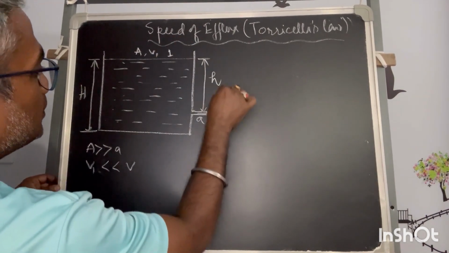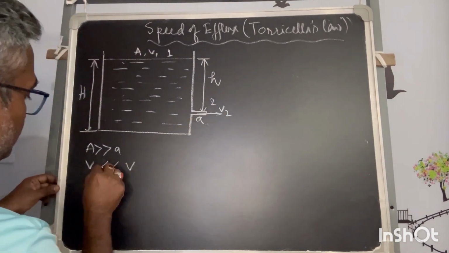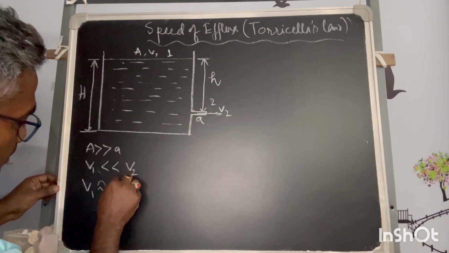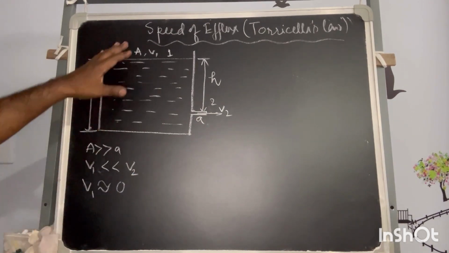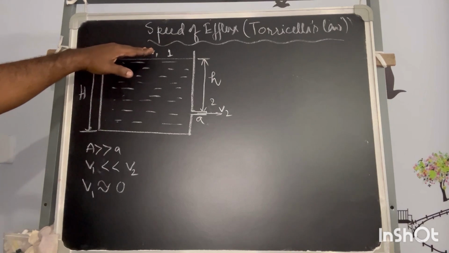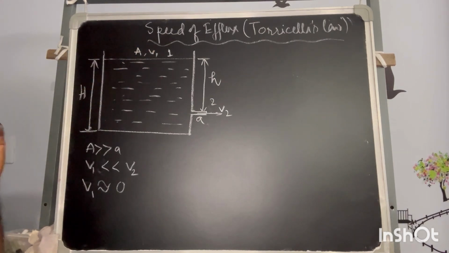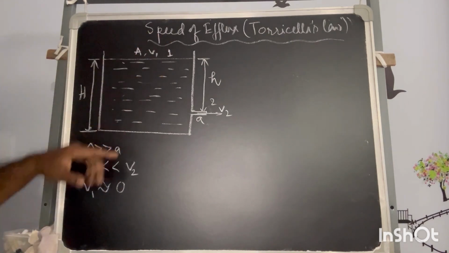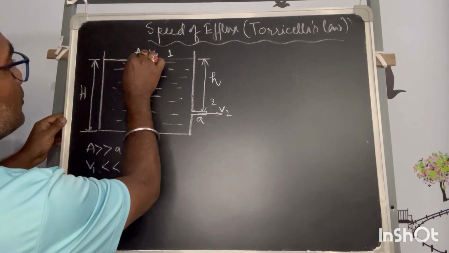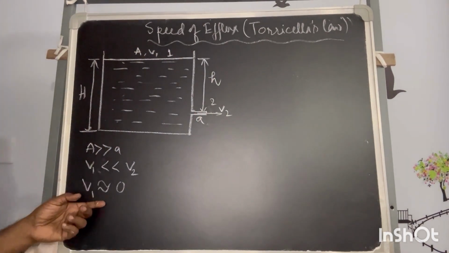This is 1, this is 2. So we can assume that v1 is approximately 0, as with respect to v it is much lower, we cannot even observe the surface flow or come down. So the velocity of the surface of the liquid can be taken as 0.